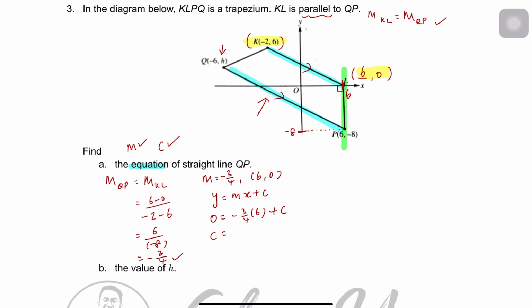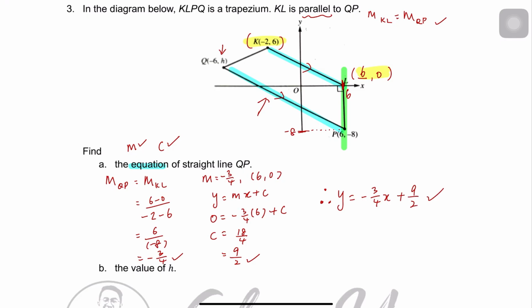And your c, you should get 18 over 4. And you can do your simplification again. You will get 9 over 2. And lastly, remember to put your general equation as y equals to -3 over 4x plus 9 over 2.